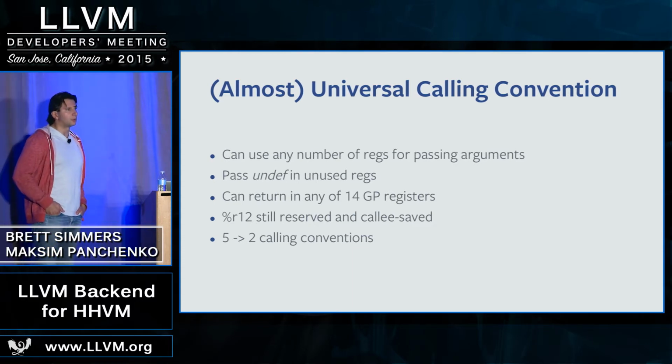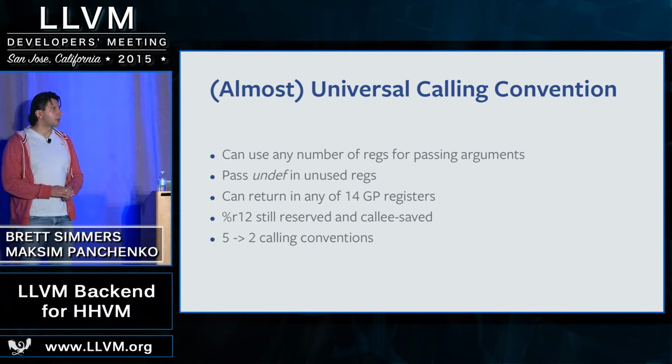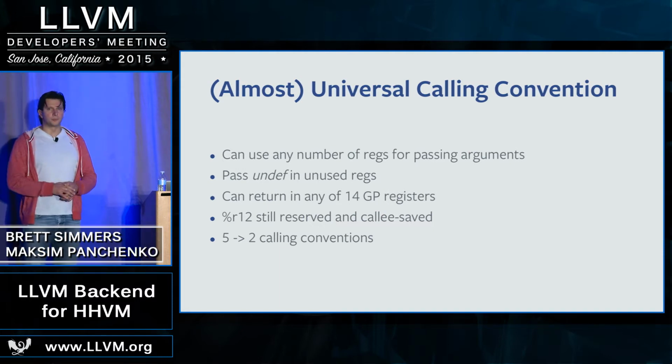We have one calling convention used for PHP purposes, and another one to call C++ from PHP functions. The reason it's not a regular C++ call is that we have to pass our virtual machine's frame pointer to every C++ helper because it needs to look at the state of the machine, and we use the RBP register for that.